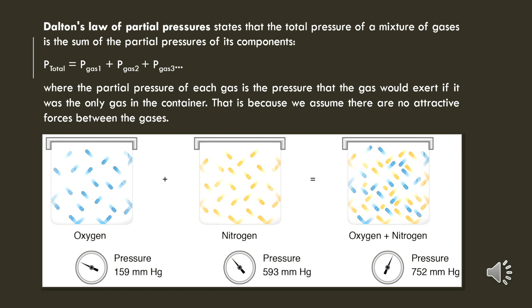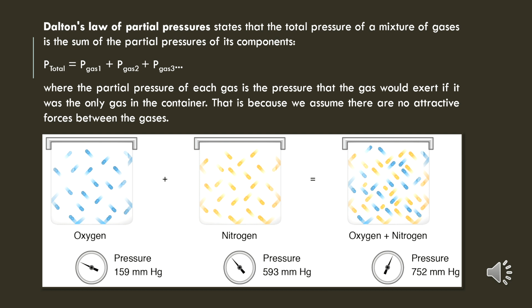As you can see, P total is equal to P gas 1 plus P gas 2 plus P gas 3, where the partial pressure of each gas is the pressure that the gas would exert if it was the only gas in the container. That is because we assume that there are no attractive forces between the gases.